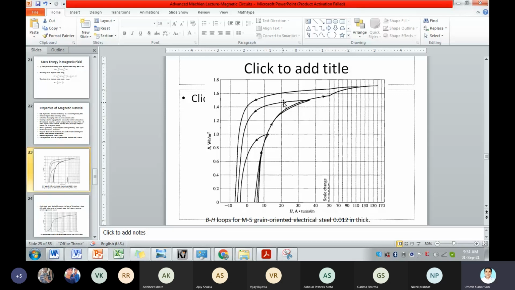Now here you see that it will cross, it will follow this path. Okay, for another range you see that you are increasing the value of ampere turns to 7, then you will have the value of 0 flux density. So in that case, first you are increasing here and then you decrease. In that case it will follow like this.